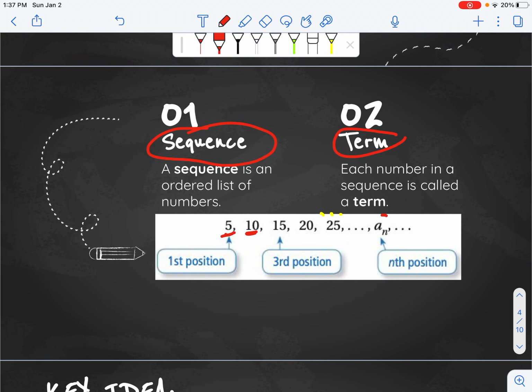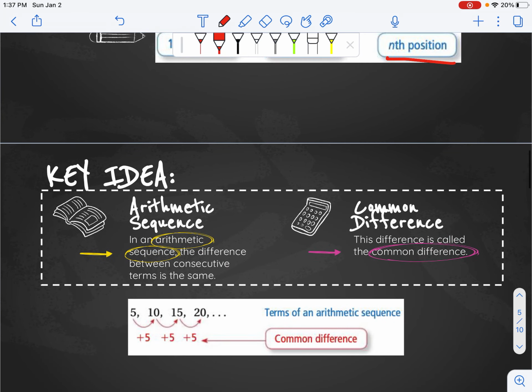Here, you can say that it goes to a sub n, the nth term. That means that this sequence goes on forever and ever, so there's an infinite number of terms. We would say that 5 is in the first position, second position, third position, fourth position, and so on. So a little bit better vocab for the patterns that we're looking at.